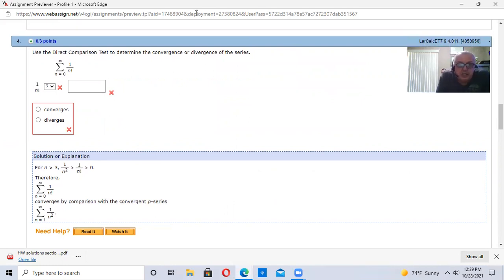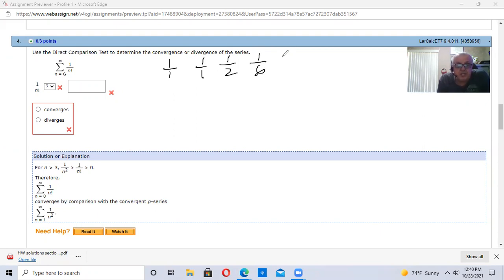And the way I look at it is this. If I plug in 0 into here, 1 over 0 factorial is 1. If I plug in n equals 1, 1 factorial is 1. If I plug in n equals 2, 2 factorial is 2. If I plug in 3, 3 factorial, 3 times 2 times 1, is 6.